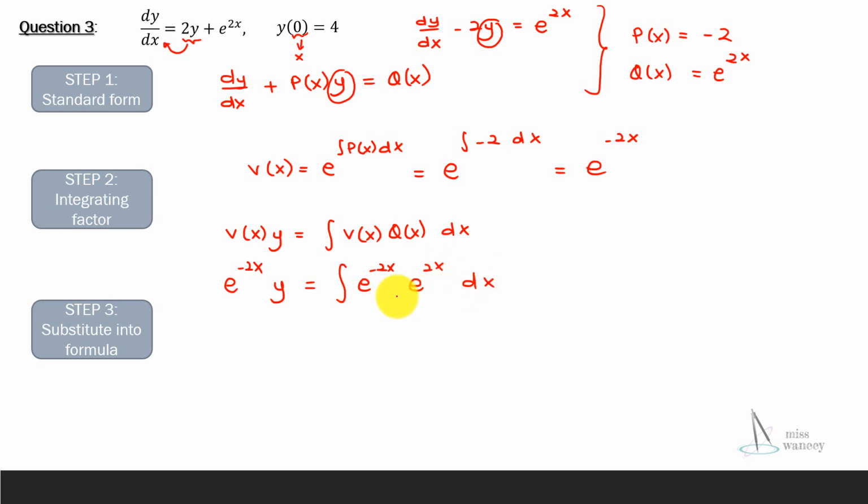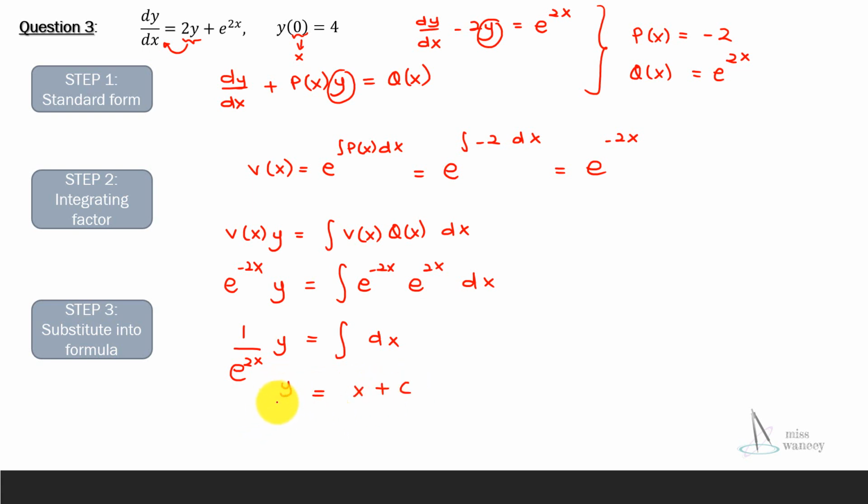Since both of them have the same base, you can add the indices. So it becomes e to the power of 0, which is simply 1. So we only need to integrate dx. Meanwhile, over here, e to the power of negative 2x, I can change it to become 1 over e to the power of 2x, multiplied with y. Integrating dx will simply give us x plus c.